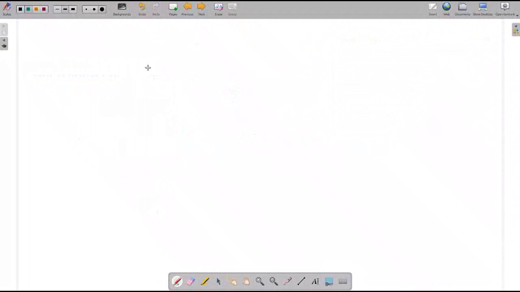So let's go ahead and talk about that. Let's say I've got y equals 2x cubed plus 5x squared over 4 minus 4x cubed. So I'm looking at this. My dominant term in the numerator is the 2x cubed.